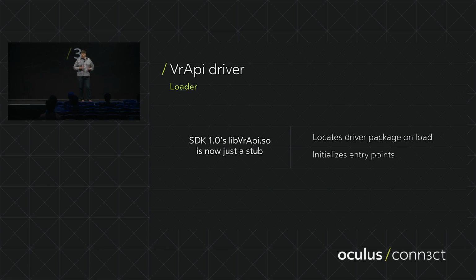For those of you who are curious, this is very similar to the way OpenGL symbols get initialized on Android today. The only difference is that our symbols live in a package we can update independent of the OS, whereas with the OpenGL driver, it's bundled with the OS image, which means you have to get a carrier update and reboot your phone and go through all that to update the driver.